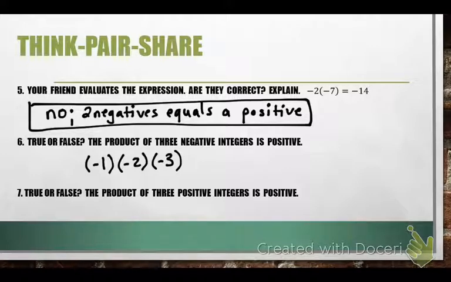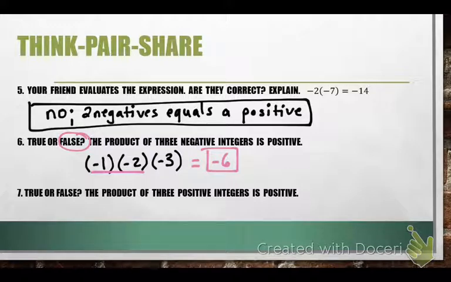Why should it be negative? Because it's an odd number of negatives, the answer should have been negative. So the correct answer was? False. False is correct. If I did this right here, -1 times -2 would be 2, and 2 times -3 would have been -6. Okay? Let's go on to the next one.